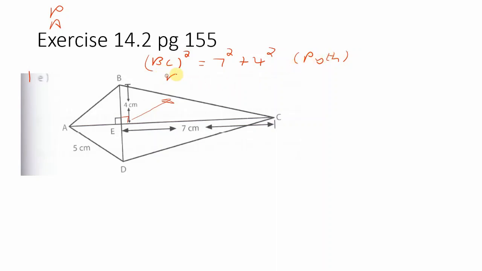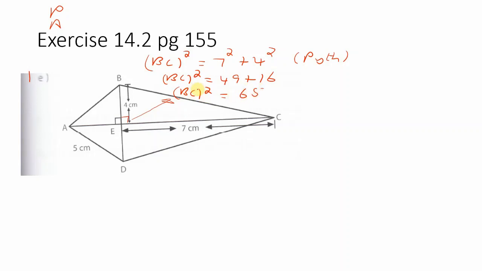So therefore BC squared is equal to 49 plus 16. You know 7 times 7 is 49, 4 times 4 is 16. So therefore BC squared is equal to 65.